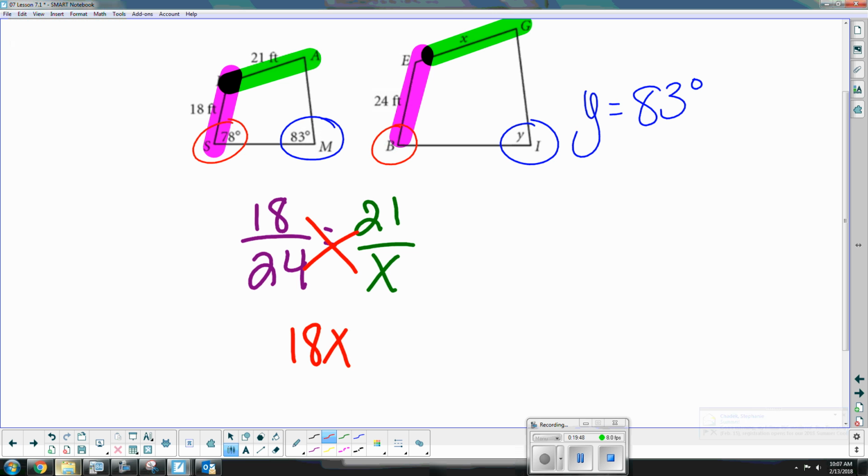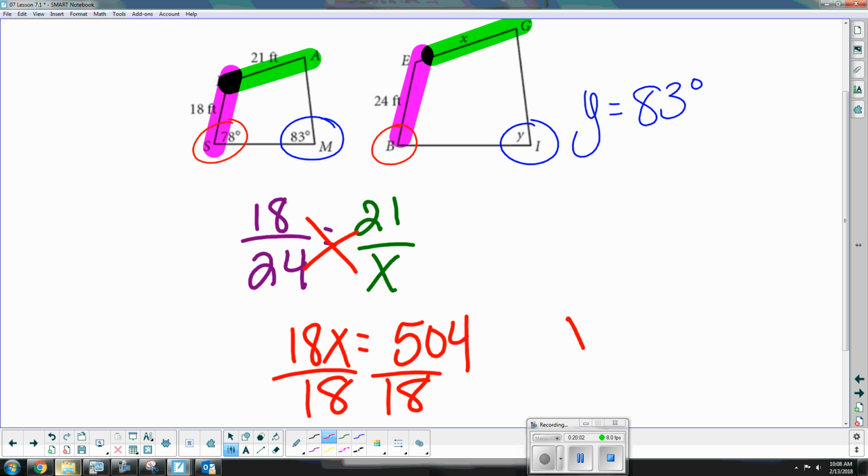So 18X equals 21 times 24, which is 504. And then to solve for X, we're going to divide both sides by 18, and we get X equals 28.